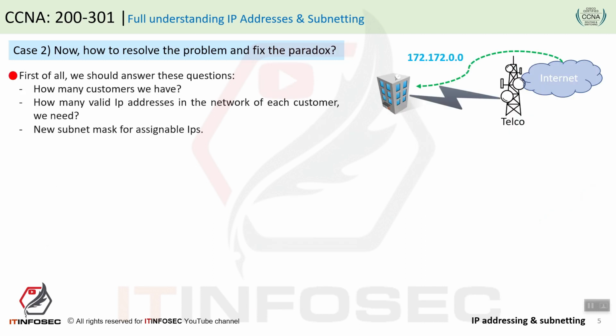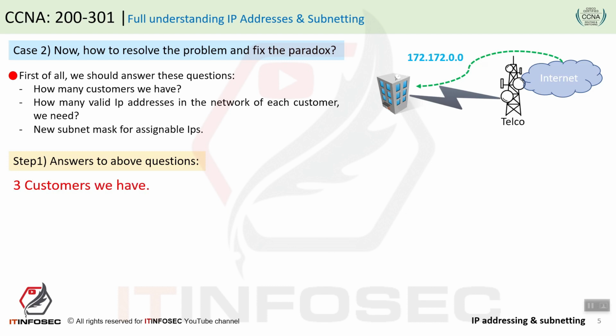So we need to make subnets. Also, we talked about how we should answer these questions: how many customers we have, how many valid IP addresses in the network of each computer we need, and the new subnet mask for assignable IPs.